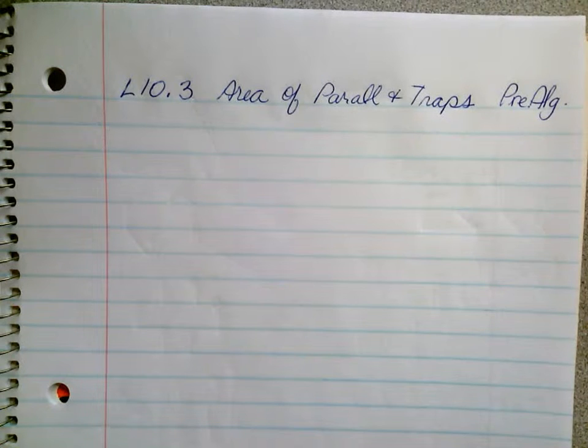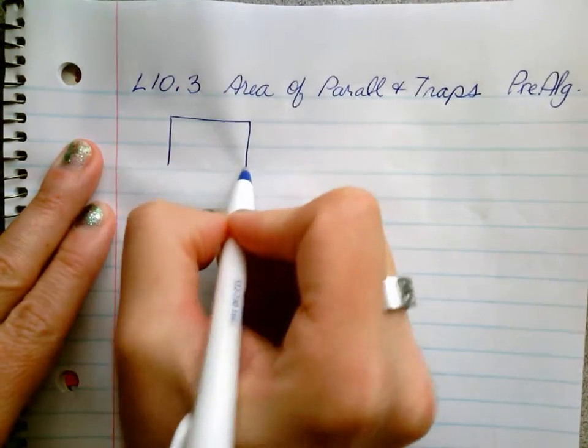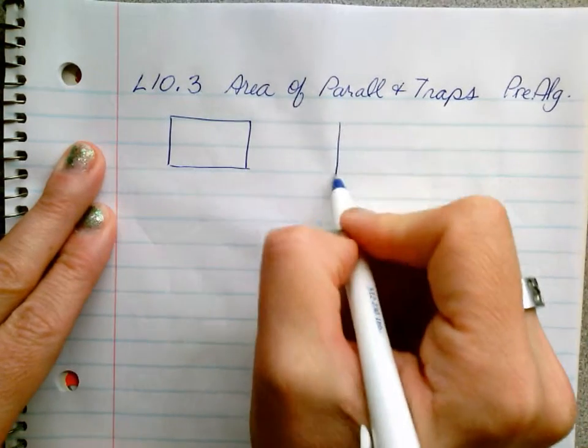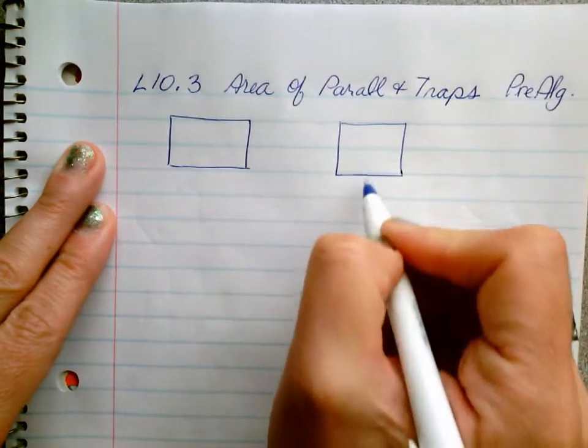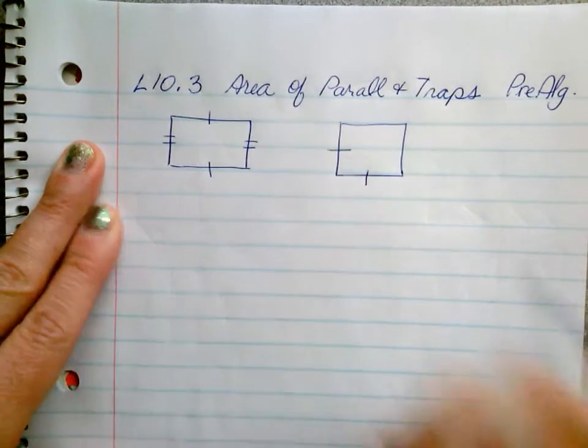When we're talking about area with shapes, particularly quadrilaterals, you all have learned length times width. That was the terminology you more often than not were taught. And with rectangles or squares, that would work.